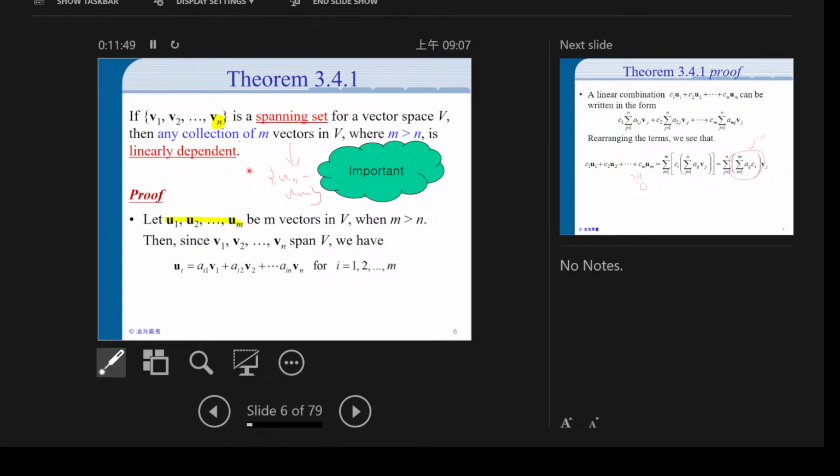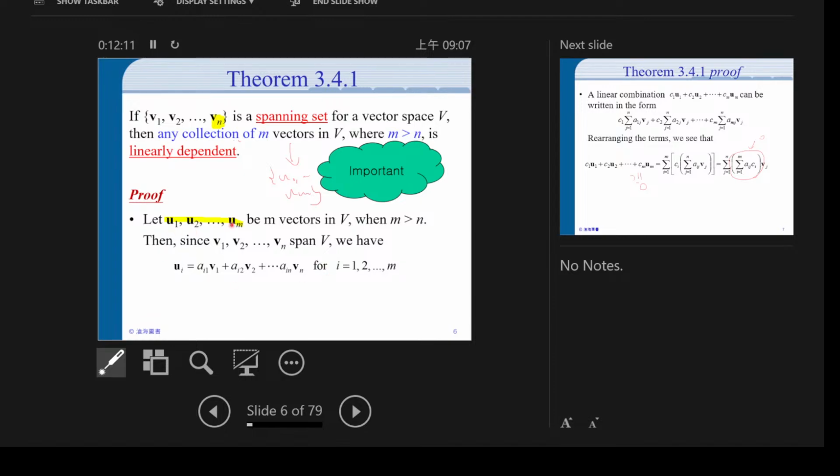The proof is a bit complicated. So we have U1 to UN vectors in V, and we have V1 to Vn that span V. We will use the fact that V1 to Vn span V to express all those U as V. So it's quite a natural thing to do.